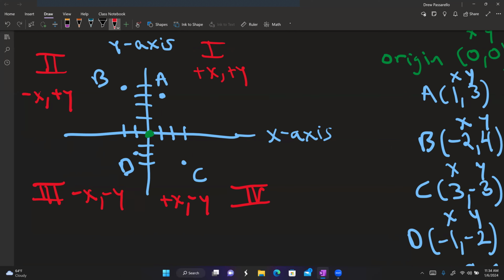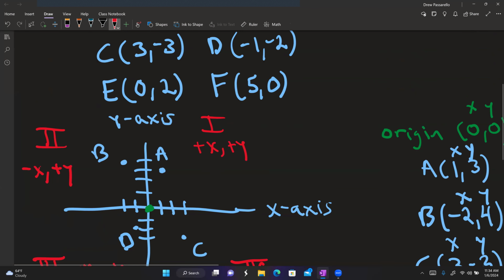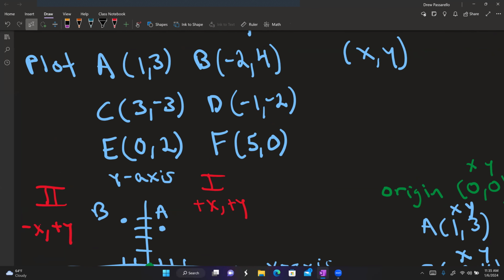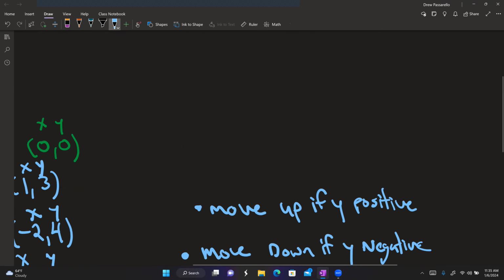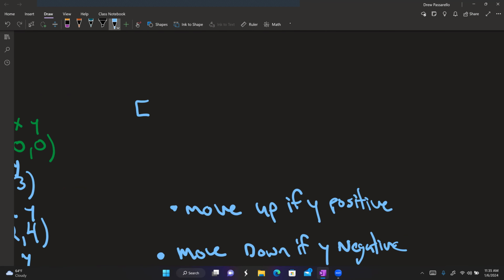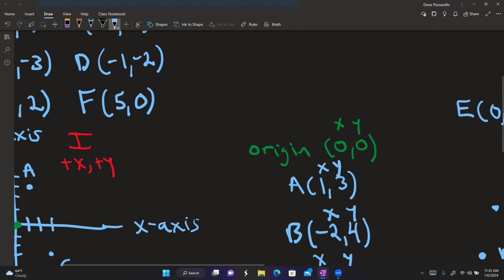Now the remaining points, point E and F, those don't lie in a quadrant. They lie on an axis. For instance, point E has 0 for its x coordinate, which means you're not going left or right any amount. So let me write that down. So I'll put it over here. So I had 0 and then 2.